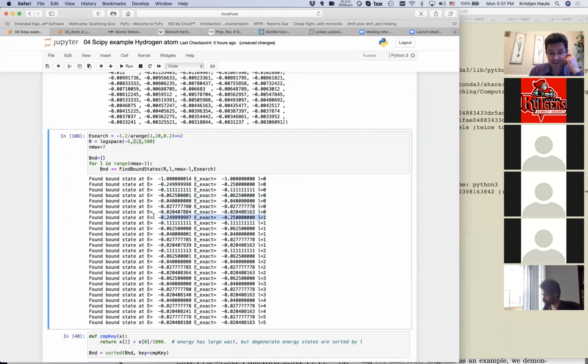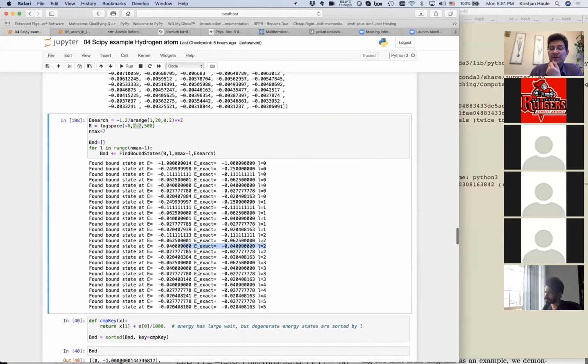Then we go to the P states. These are P, so L is 1. This is 1s, 2s, 3s, 4s, 5s, 6s, 7s. Now we have 2p, 3p, 4p, and so on, and then we have the D states, which are 3D, 4D, 5D, and so on and so forth.